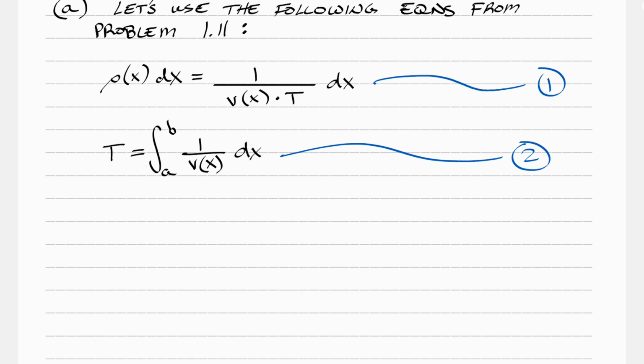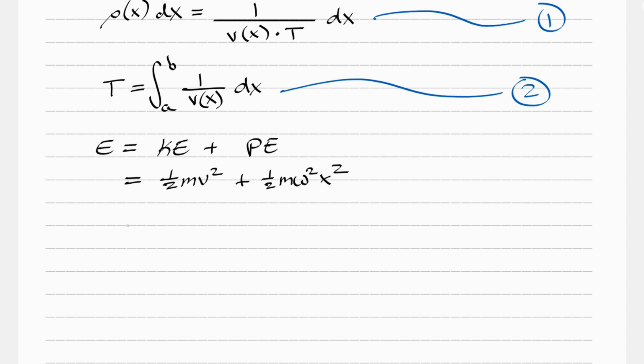In order to actually apply these equations to our harmonic oscillator problem, we need the x values in terms of the momenta. And so we're going to do that by looking at the total energy, which is just our kinetic energy plus potential energy. Kinetic energy is 1/2 mv squared, and potential energy is 1/2 m omega squared x squared. Not super helpful though, because we don't have this in terms of p yet, our momenta.